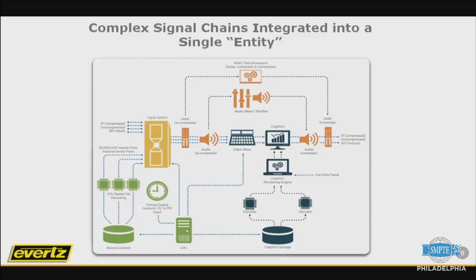Nice thing about computers, you can add graphics layers just by adding software. In our systems, we generally do 6 to 10 different graphics layers. And then, all that has to get output again, so the audio gets re-embedded, the VANC gets re-embedded, and then the output comes out either SDI or IP.